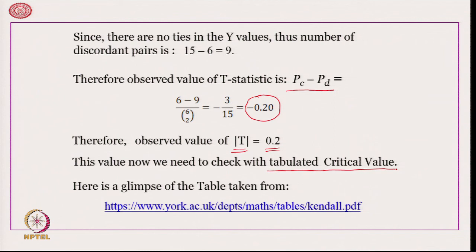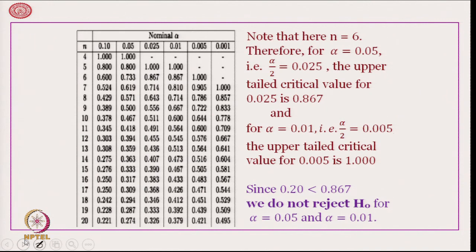So, we have taken the table from this side, I have given you the link for your benefit, and we get the following. This is the sample from the table, where corresponding to different n, I am showing from 4 to 20, and different values of alpha 0.1, 0.05, 0.025 etcetera up to 0.001, we have been given the critical value. So, for our example, n is equal to 6.